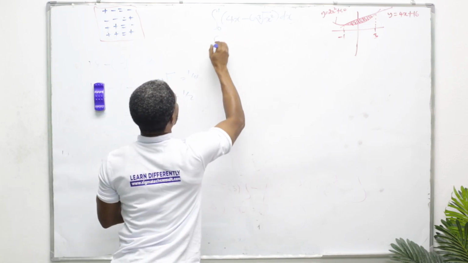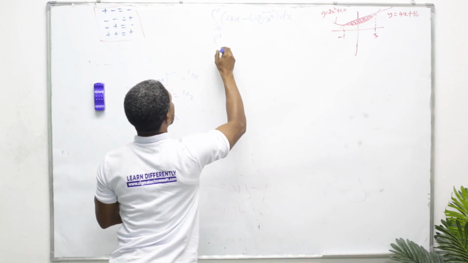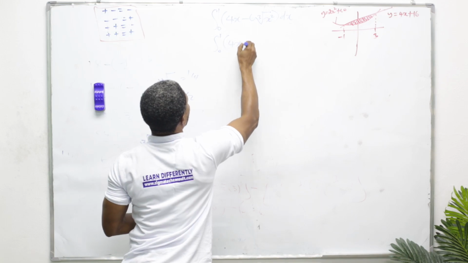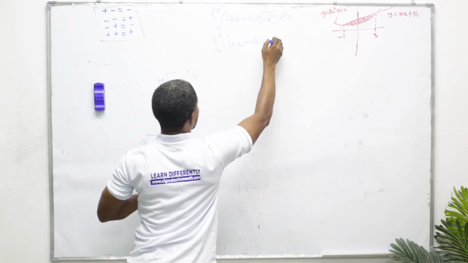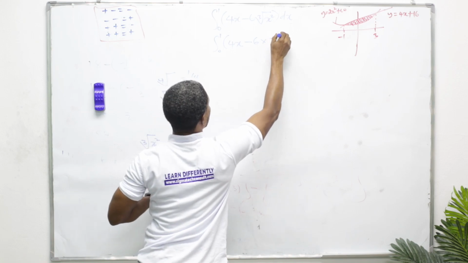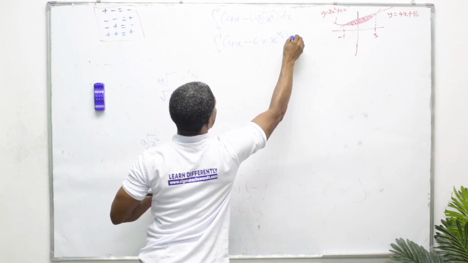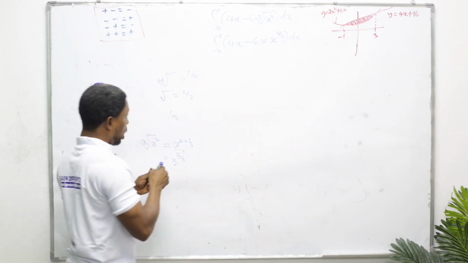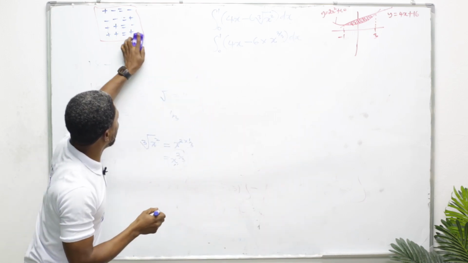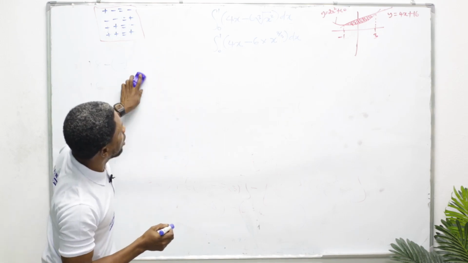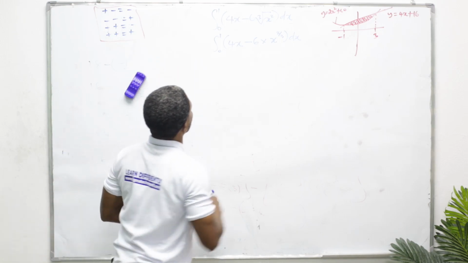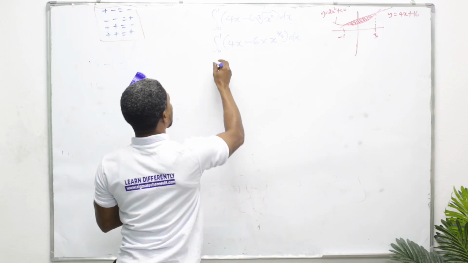So I'm going to have the integral of 4x minus 6 multiplied by this function, which is now x raised to power 2 divided by 3. Look at it now. We can now simplify, evaluate this, and then integrate, and we'll get our answer. So now, integration. This is 1 plus 1.